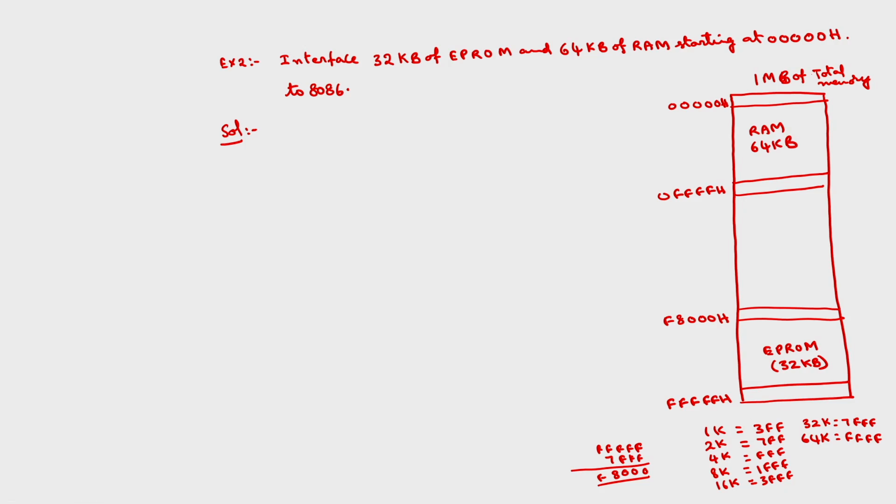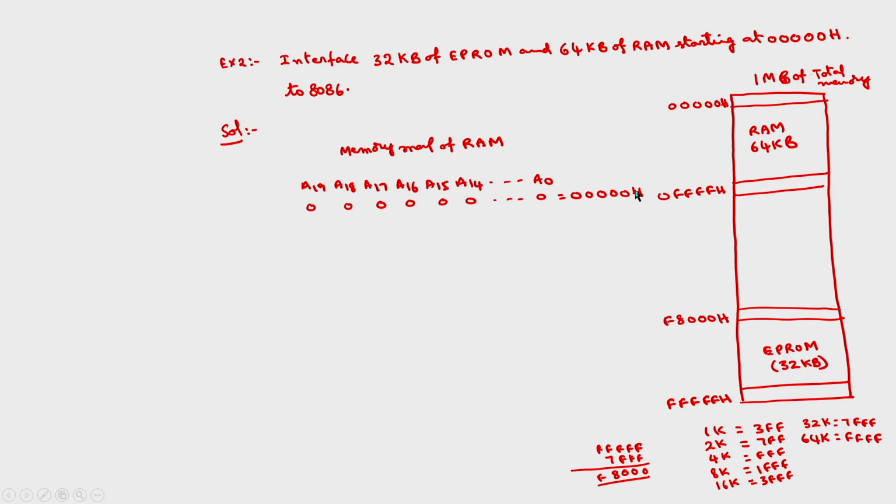Now in order to connect this, again we have to draw the memory map. So what is the memory map of the RAM? A19, A18, A17, A16, A15, A14, and so on up to A0. The starting address is all zeros, that is 00000H.